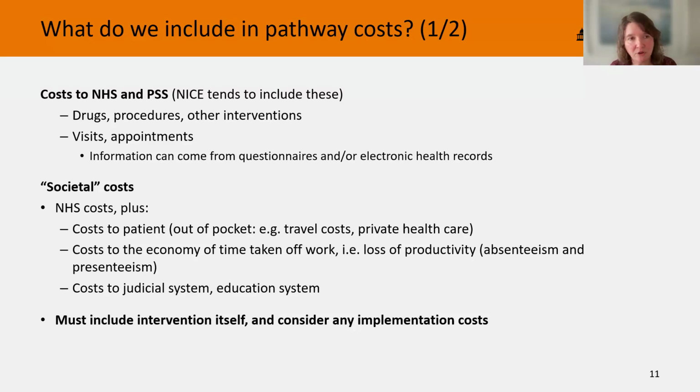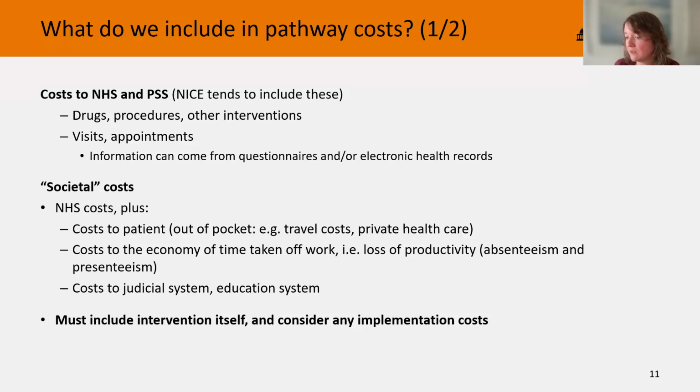So costs of using drugs, receiving procedures, other interventions, visits, appointments, so GP, hospitals, and so forth. And we can gather this information during trials by asking people to fill in questionnaires, which is quite cheap and easy, but can be messy and can be a burden. So there are pros and cons to using questionnaires or getting information directly from records.